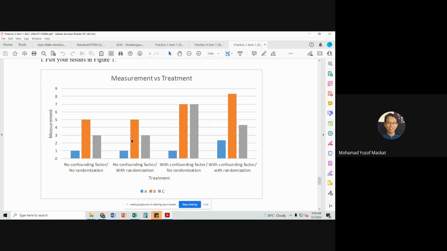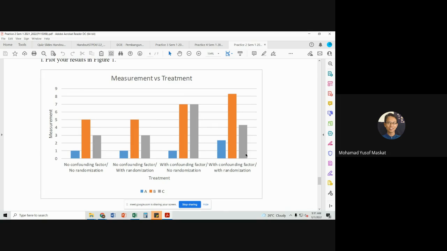But if there is a confounding factor and we do randomization, we will get about 2.5 over here, 8.3 something over here, and 4 point something.